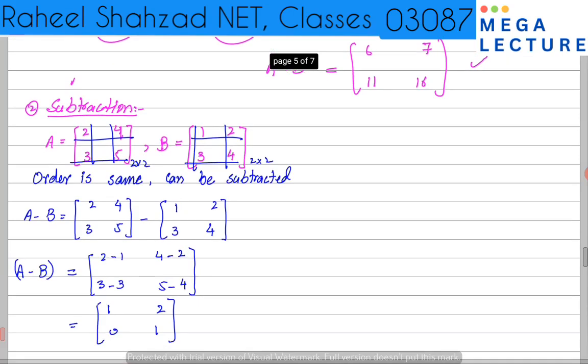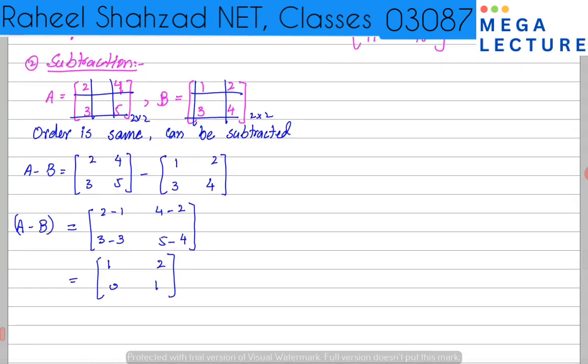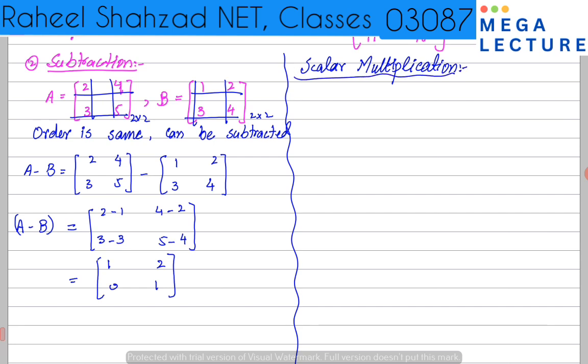Before we move on to multiplication, there is one more thing known as scalar multiplication. When we talk about scalar multiplication, suppose I have a matrix A as a, b, c and d, and I need to multiply a scalar k with the matrix, that is k times a, b, c and d.